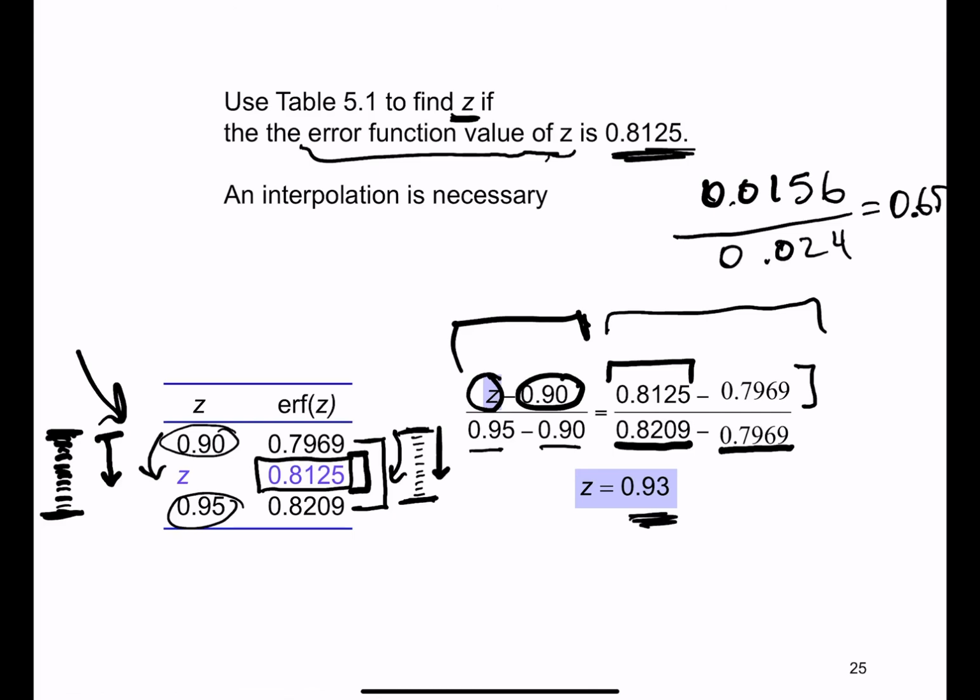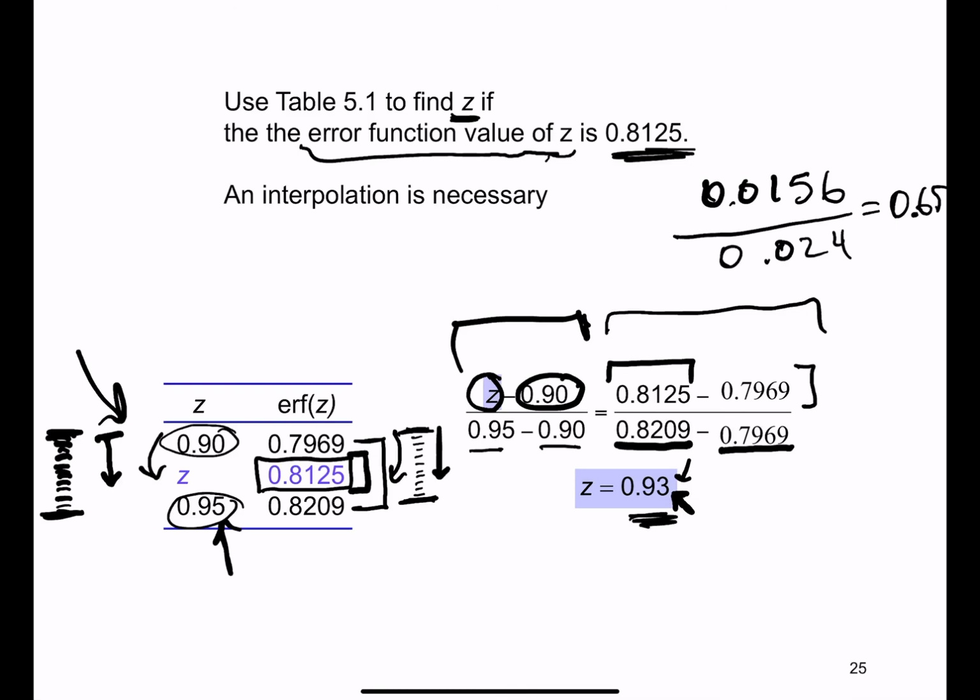Okay, so there our value is 0.93, and so it kind of makes sense to me. We're at 3/100ths larger than where we started, and our upper limit is 5/100ths, and so 3 divided by 5 is 60%, and we're missing just the 65%, given that we've had to answer back in two decimal points.